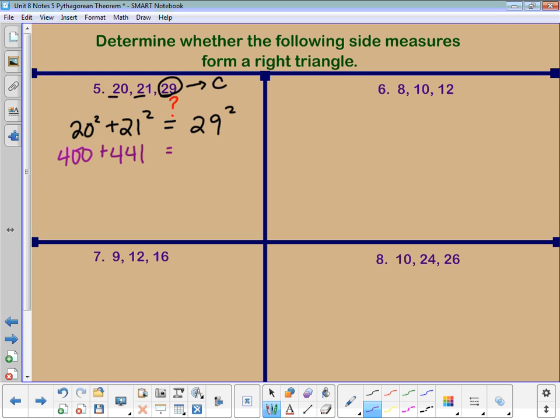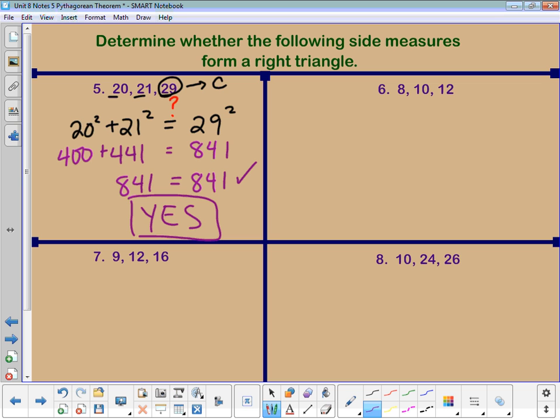And 29 squared is 841. If I add those together, 400 and 441 is 841. And the question is, does 841 equal 841? In this case, yes, it does. So your answer here is yes, they do make a right triangle.